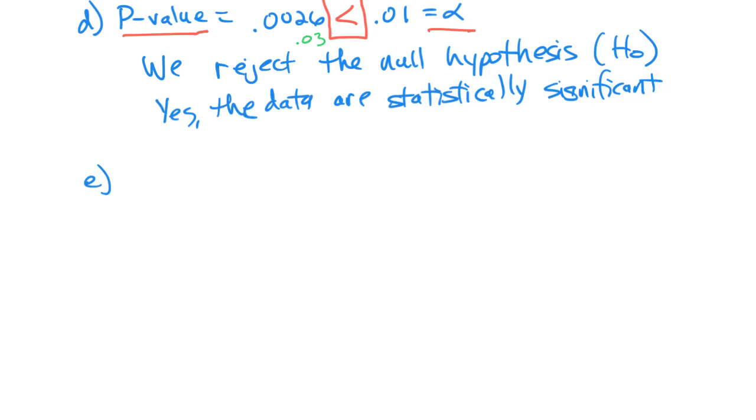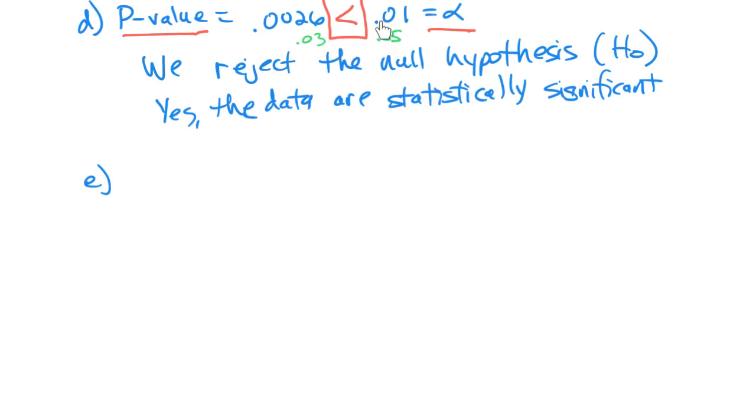And then alpha, we know 0.01 is popular, but so is 0.05. So if we had 0.03 and we compared it to 0.01, 0.03 is bigger than 0.01. So in this case, we would not reject the null hypothesis. But if alpha were 0.05 and our p-value is 0.03, since 0.03 is smaller than 0.05, we would reject.